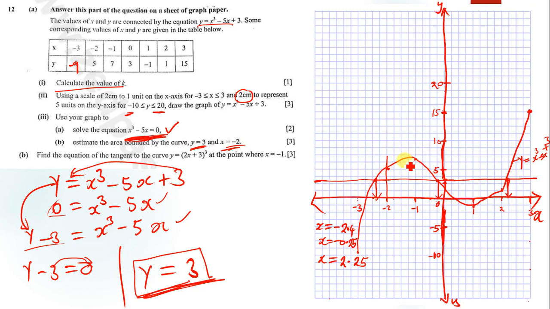So I'm going to divide it into 2 so that I have this one which looks like a triangle, and also this trapezium here.